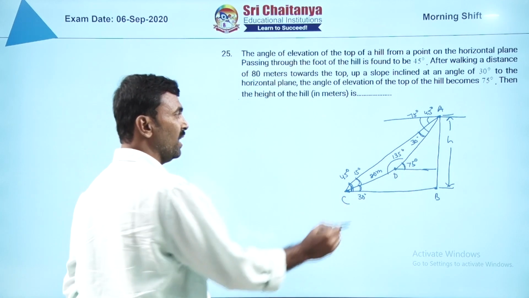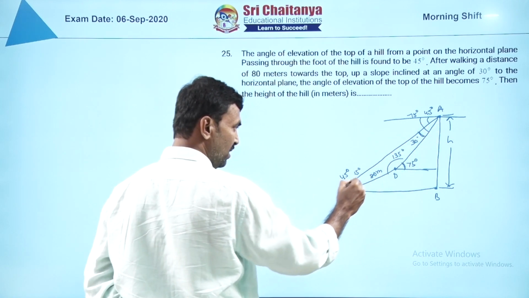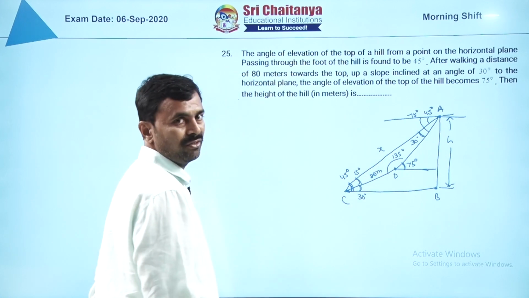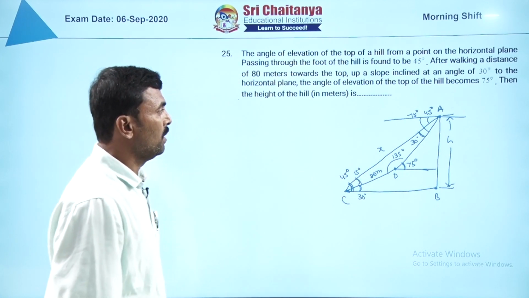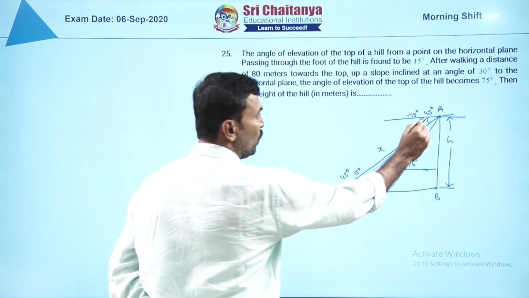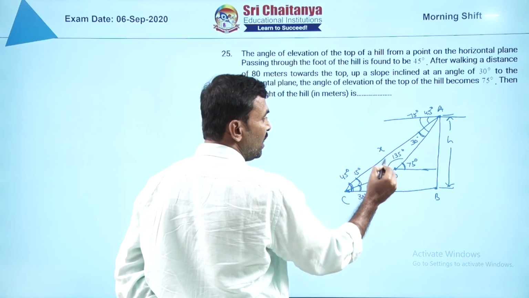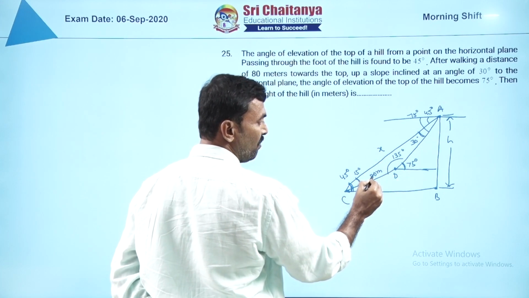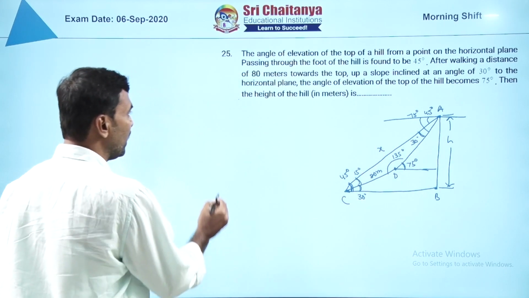So, to get h, what I am doing is, first I will find out this length AC, let AC be x. For that I will use sine rule, because x I want, its opposite angle is there and CD length I have 80, its opposite angle is there.